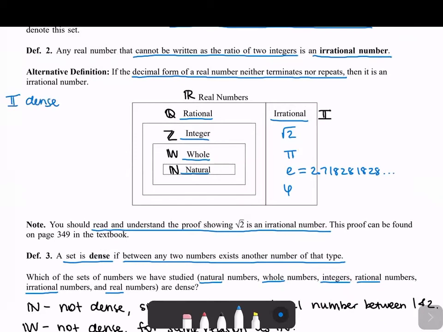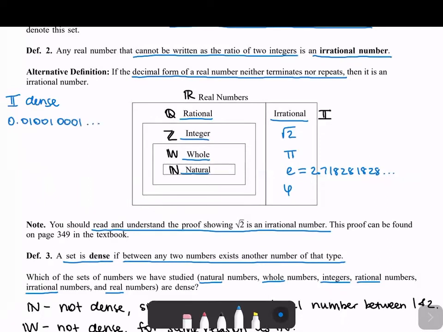So I'm going to give you an example, and you can do the same thing for any example. You remember the example that we had of an irrational number, we just made up: 0.010010001, and so on.